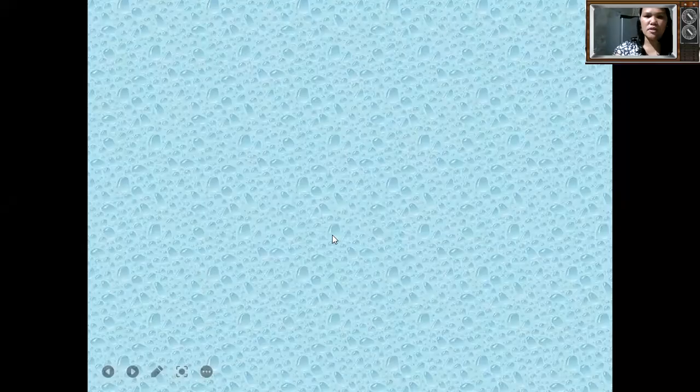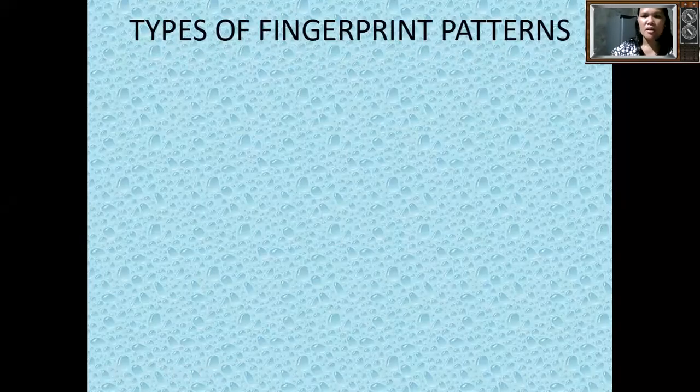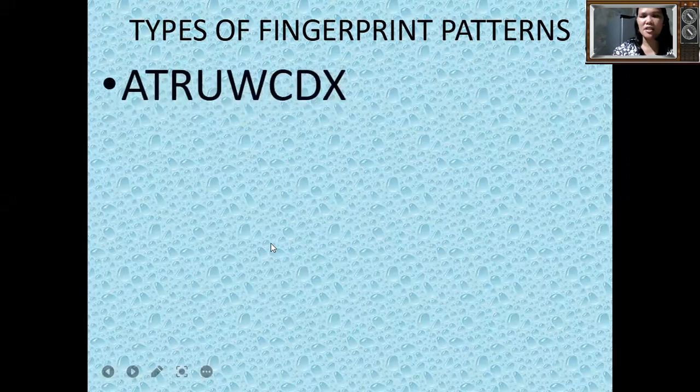so with this particular topic, it is expected that the student will be able to identify the types of fingerprint patterns and describe each pattern so that they will become well versed in the identification process. So as you can see on the slide, I have here the acronym ATRO-CDX.